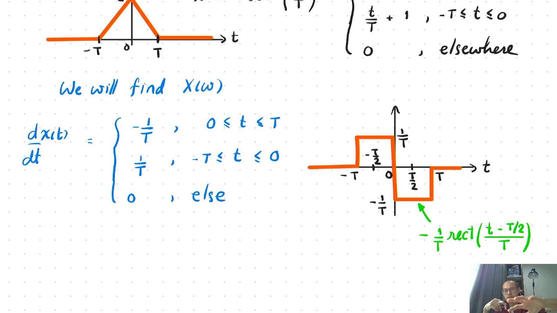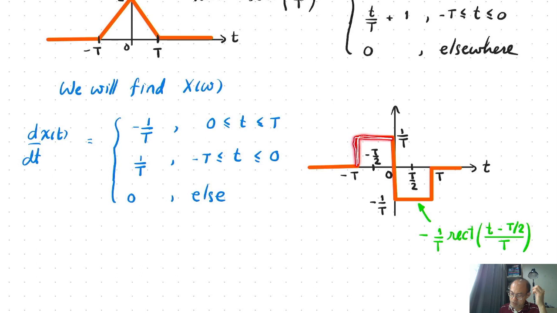It goes downward, and its width is big T. That big T goes here, and the center of it is at big T over 2. So big T over 2 goes here. So this is this pulse. It flips upside down, so that's why I have a negative value here.